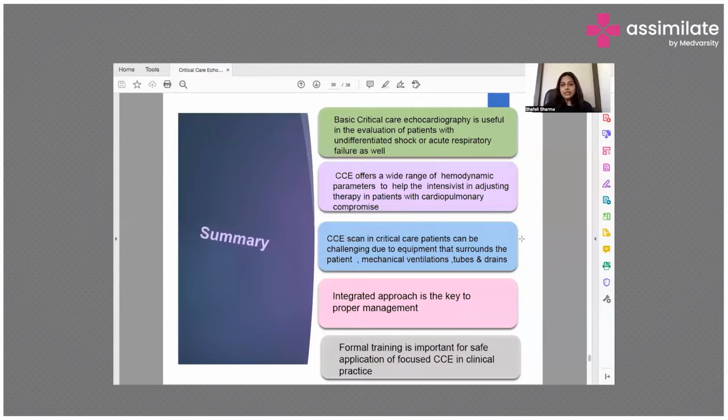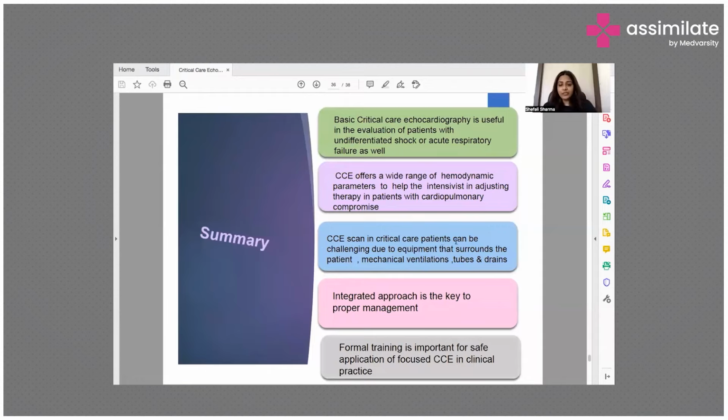So to summarize, the 2D echo is very useful in the evaluation of patients with undifferentiated shock or acute respiratory failure as well. Echo offers a wide range of hemodynamic parameters to help the ICU intensivist in adjusting therapy in patients with cardiopulmonary compromise.